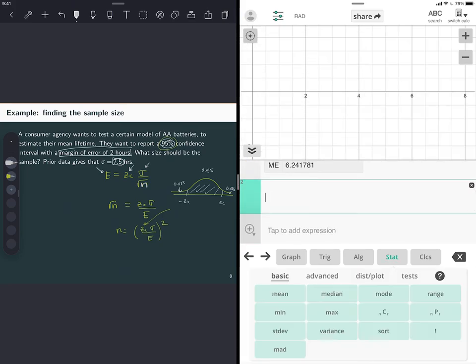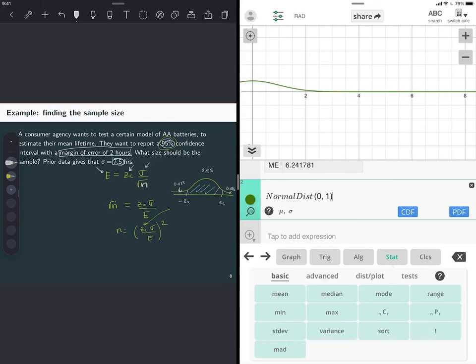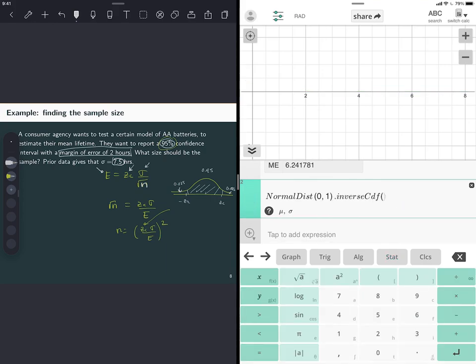I'm going to do stat, distribution, normal distribution with 0, 1. And I want the inverse normal. So inverse CDF of point, I either do 0.025, or I do 0.975. If I put here 0.975, I get the same value but positive. So I'm going to round that to 1.96.